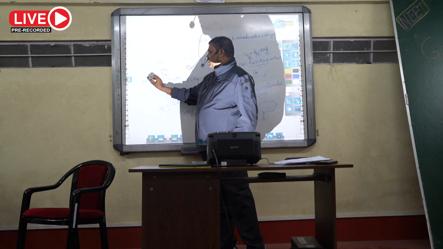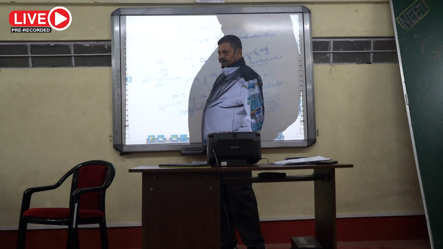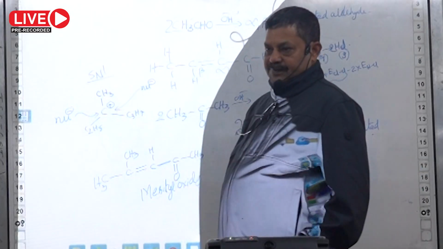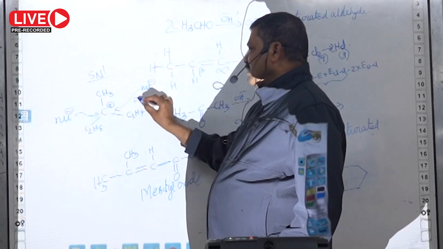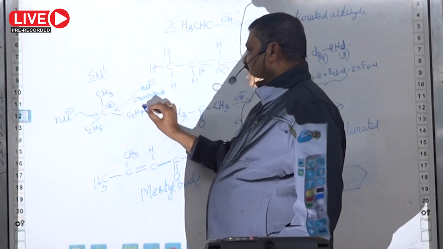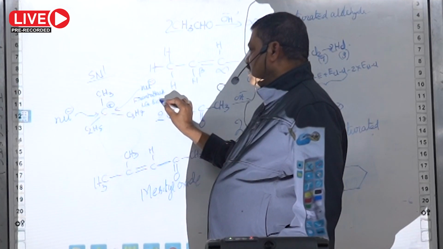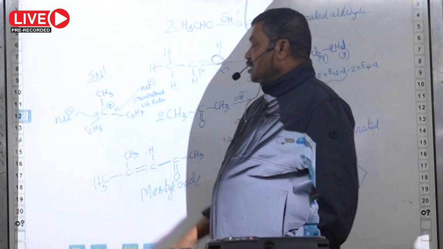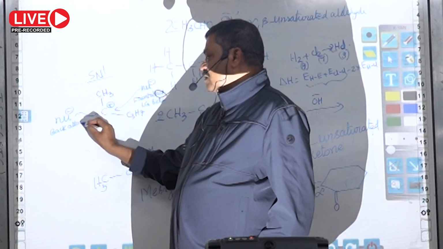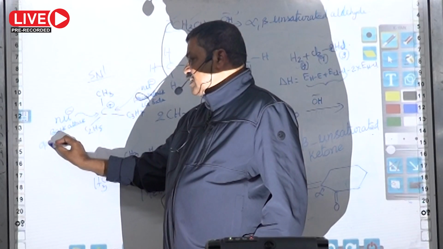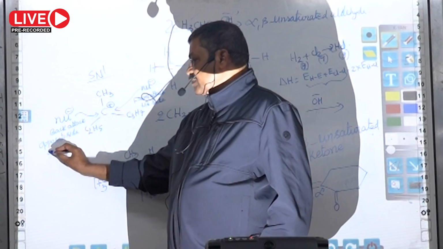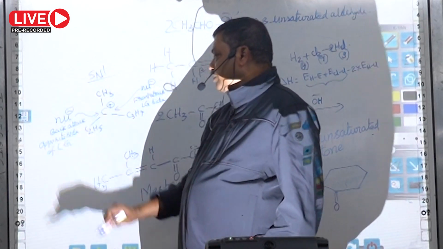So the nucleophile can attack from the leaving group side, this is front attack, or from the opposite side of the leaving group, this is back attack. Lg means leaving group.